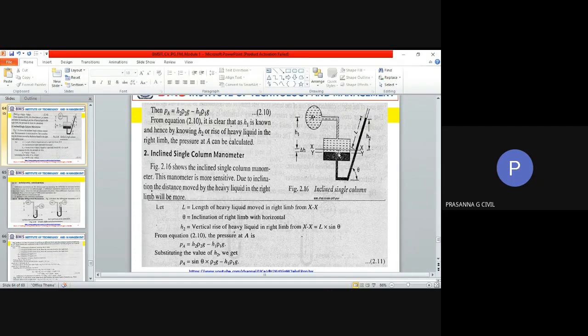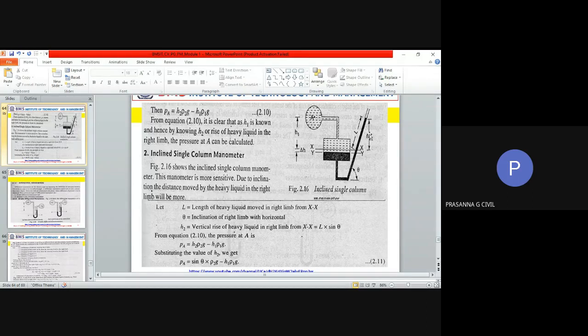It is dropping down by delta H. That delta H will cause a push up in this, and that we are giving as L, the length of heavy liquid moved in the right limb from X reference datum. Theta be the angle of inclination. Instead of directly H2 there, here H2 is the vertical distance, which is given by L sin theta.